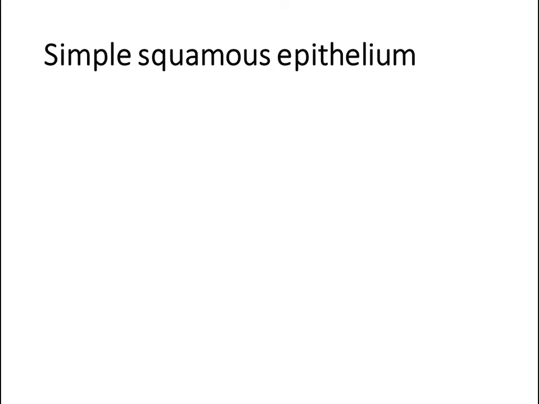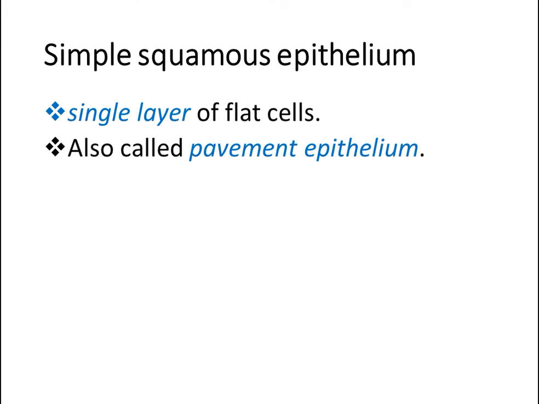Now let's look at the simple squamous epithelium. By simple, remember, we're saying it contains one layer, and by squamous we're saying it is flat. So we're talking about an epithelium which is flat and contains one layer. Another name for this simple squamous epithelium is pavement epithelium.